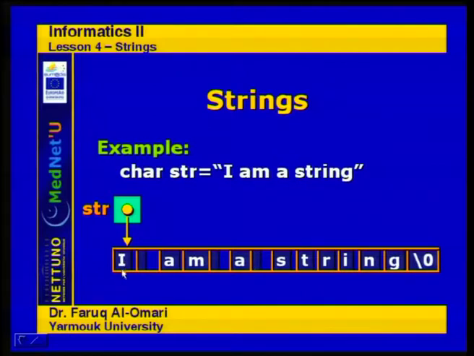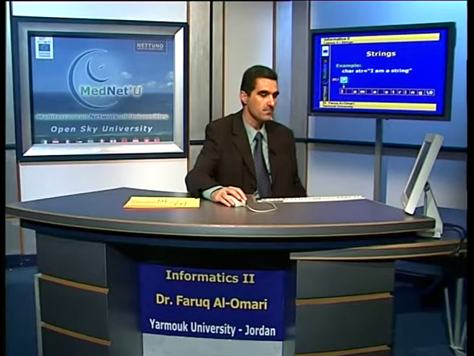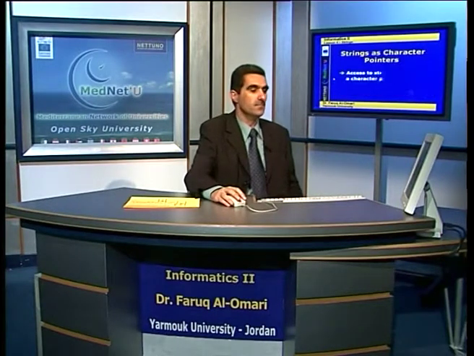I start with the letter I, that's the first character in the string, followed by a blank, then the rest of the characters consecutively, and the very last character is always the null character. So this block of memory is reserved for the string str.